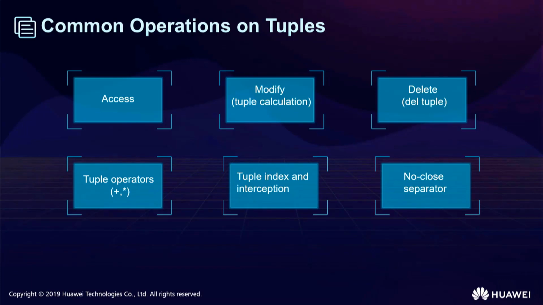As with strings, add and multiply can be used for tuple calculations, which means that tuples can be combined or duplicated to create new tuples after the calculations. With no enclosing separator, any objects separated by commas default to tuples.